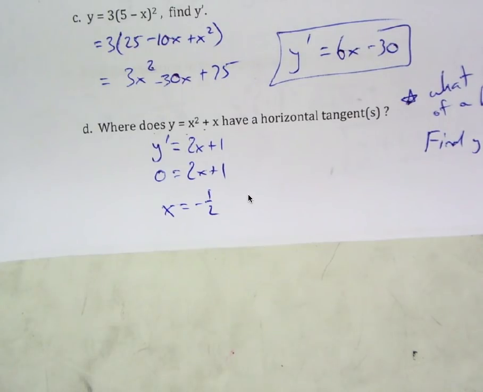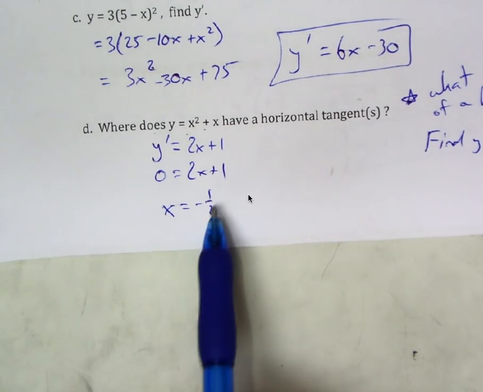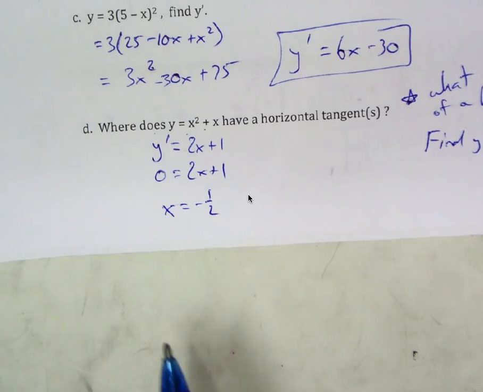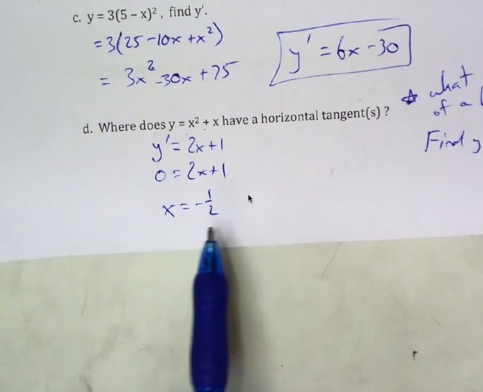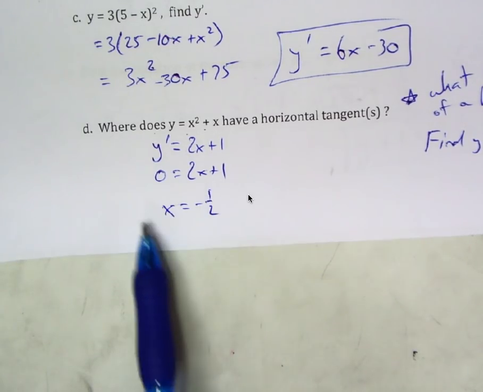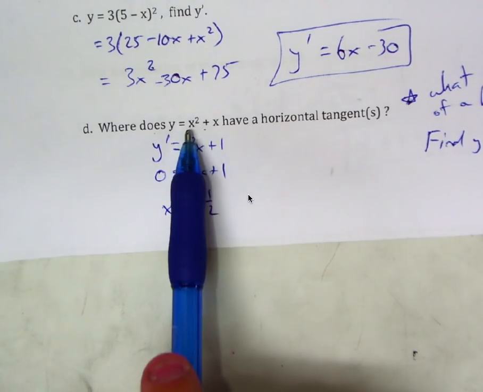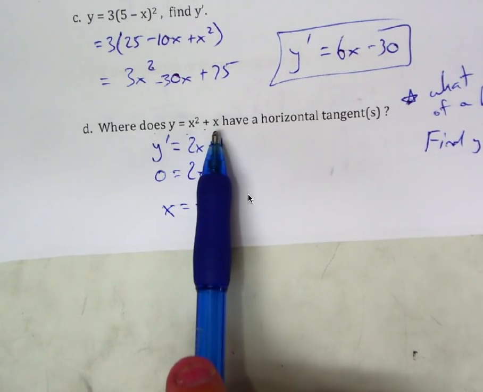If the question did say at what ordered pair or at what point does it have a horizontal tangent, we could find that. This essentially answers the question of where. But just for fun, because this is fun, let's find the point where this function has a horizontal tangent. So anytime you want to find the y value of a function, take an x value and plug it into the actual function, okay?